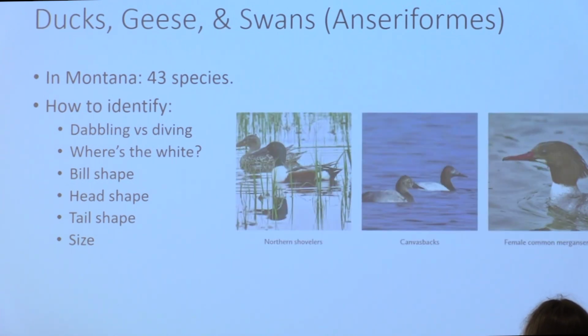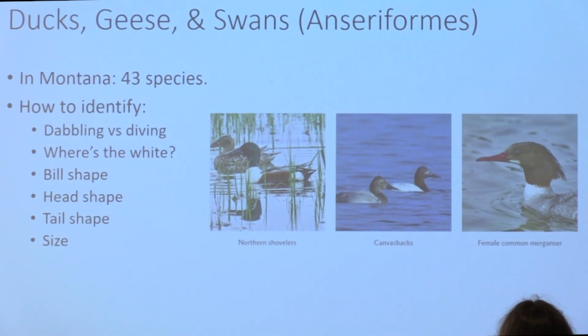The other thing that you can do is look at beaks. So especially when you have a silhouette going, you'll notice that, like for canvasbacks, their beaks tend to make them look a little more triangular, versus the northern shoveler, which has a very wide, kind of curvy beak.